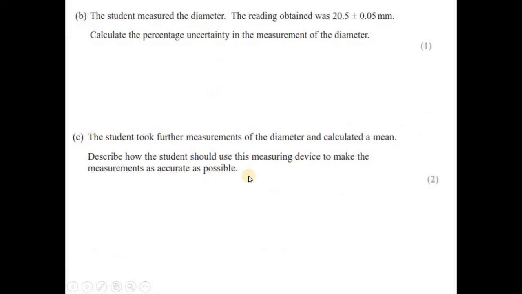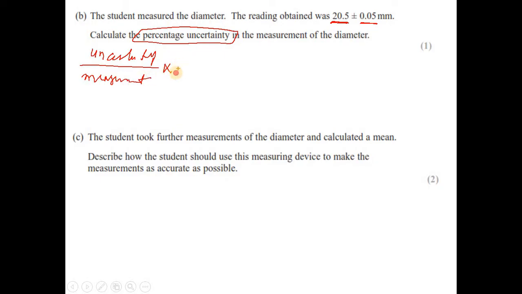Part B, the student measured the diameter. The reading obtained was 20.5 plus minus 0.05 millimeter. Calculate the percentage uncertainty in the measurement of the diameter. If you are given a measurement along with uncertainty, percentage uncertainty is uncertainty divided by the measurement multiplied by 100.